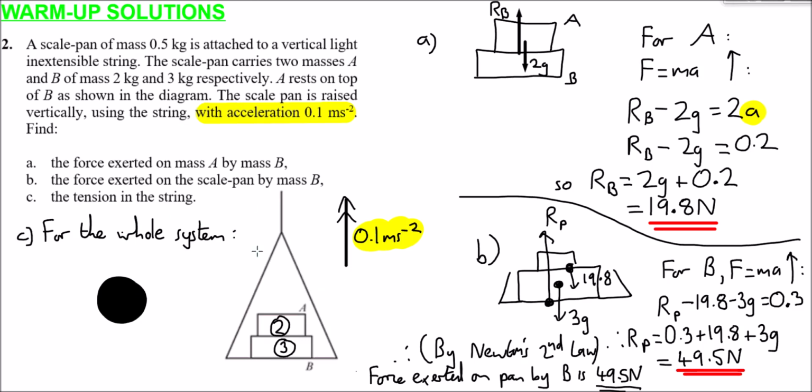The scale pan itself has a weight of 0.5g, because it's got a mass of 0.5. A has a mass of 2, B has a mass of 3, so the entire mass of the system is 5.5, so it'll have a weight of 5.5g. And the only thing acting up on the entire system is the tension in this string. So I'll label that T.